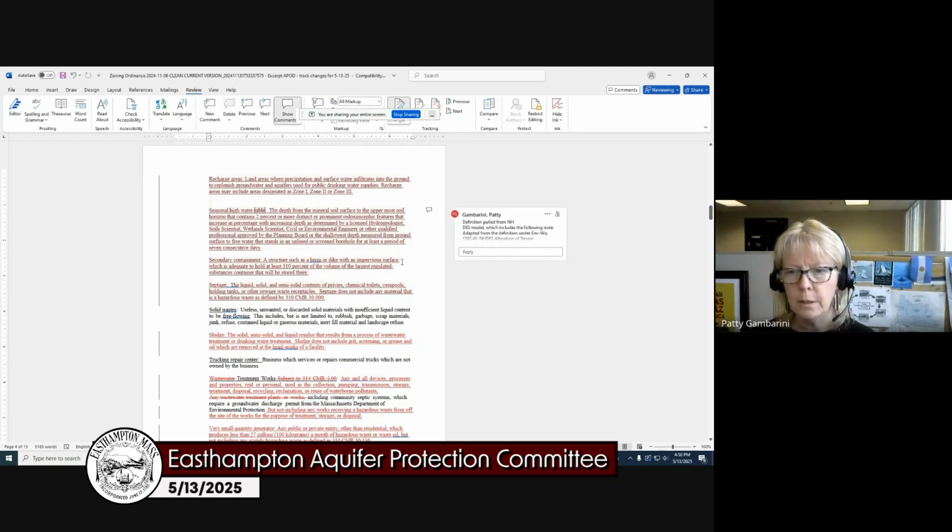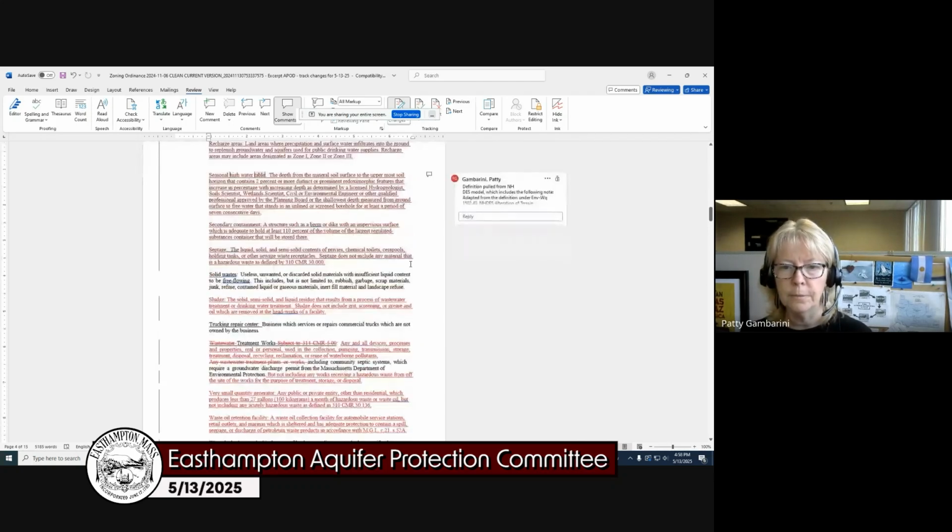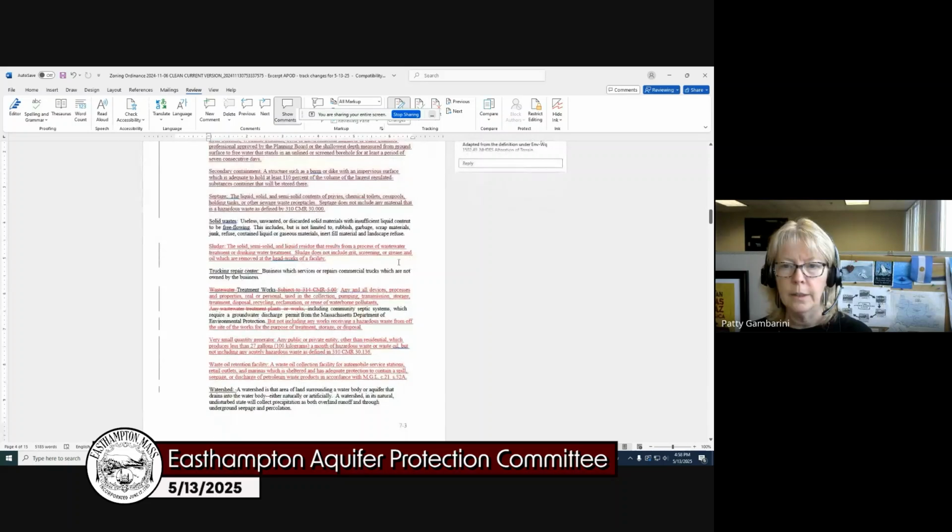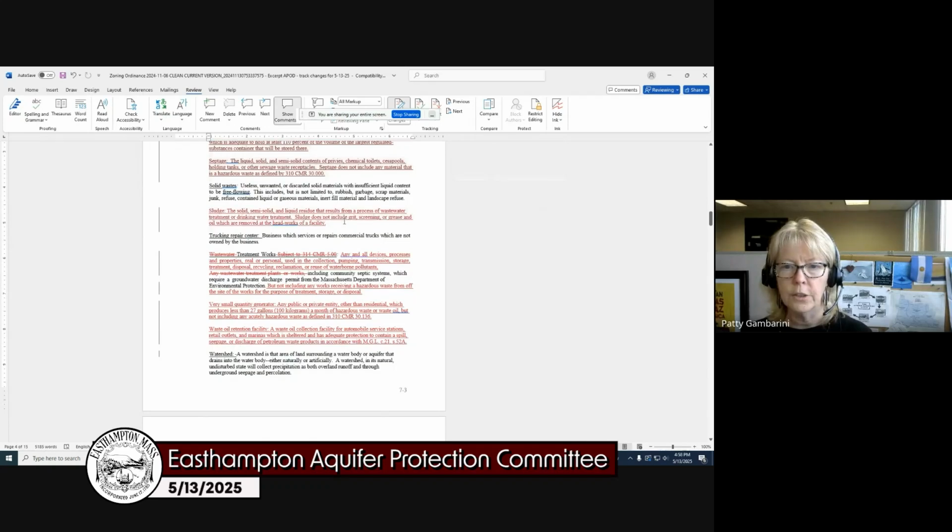Secondary containment, that's where we're asking that it accommodate at least 110% of the volume of the container that has a substance in it that needs to be contained. And then septage, that word is used. Sludge.